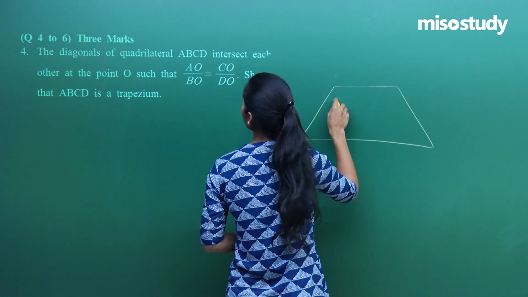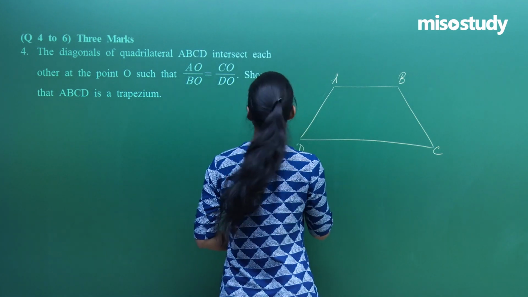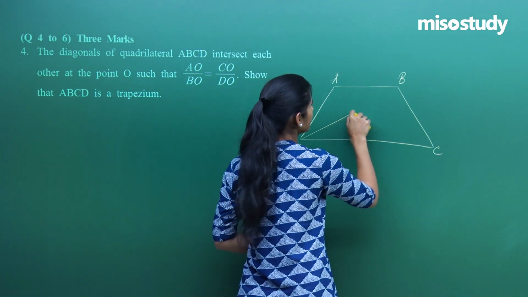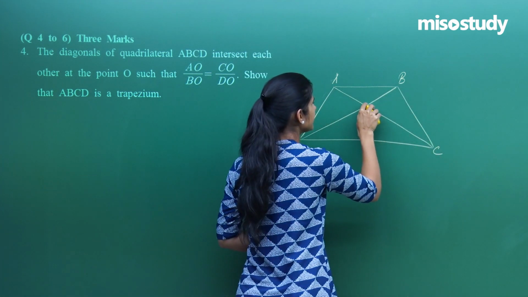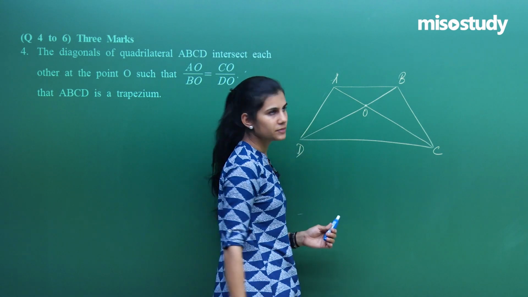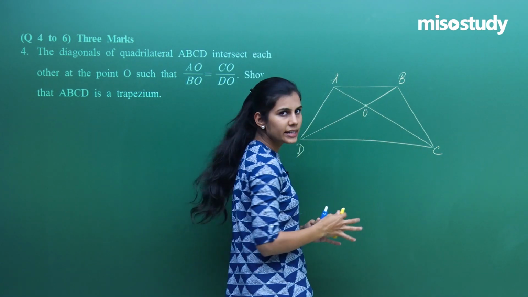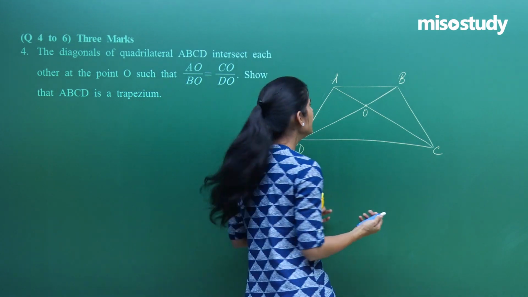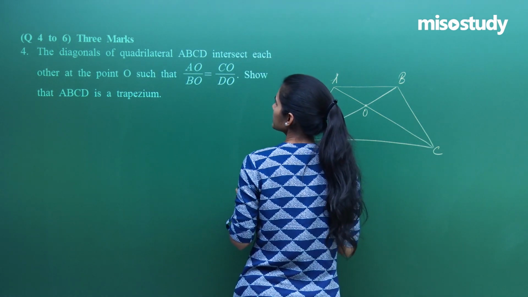So you have A, B, C and D. It says that diagonals are intersecting at point O. So the two diagonals are intersecting at point O. This is just a quadrilateral given right now. I am drawing it like this because at the end I want to show it's a trapezium, so I should get the feel of what's going on and what I need to prove in order to come to the conclusion that the figure is a trapezium.